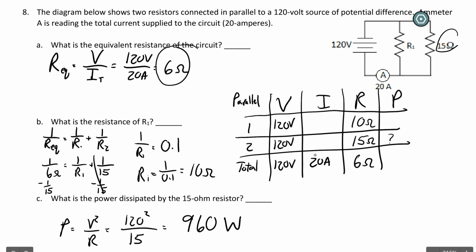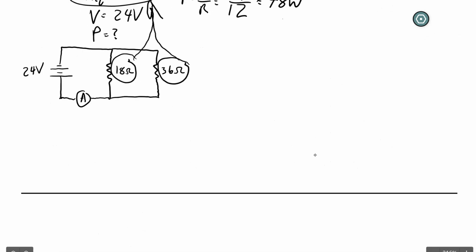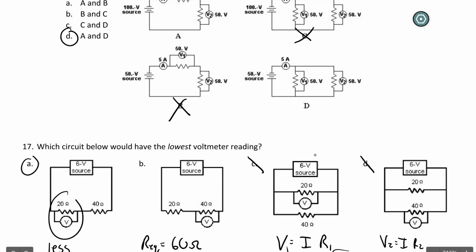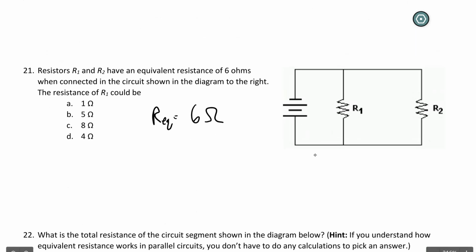So 6 is less than 15, and we calculated the first one is 10. So the equivalent resistance 6 is less than the smallest resistor. So that's the concept that we have to remember when looking at this very tricky, but then as soon as you know the concept, actually kind of easy problem.